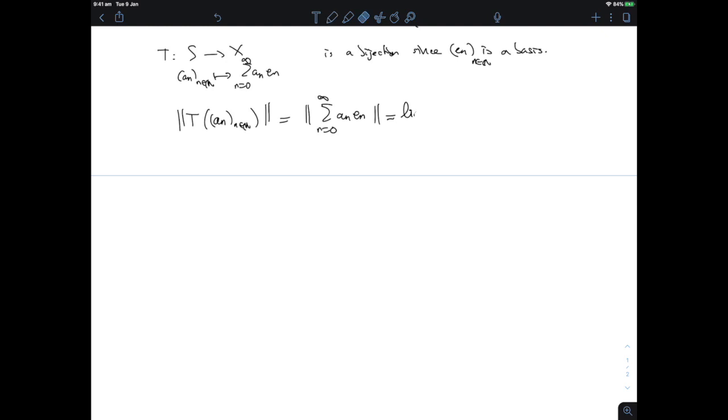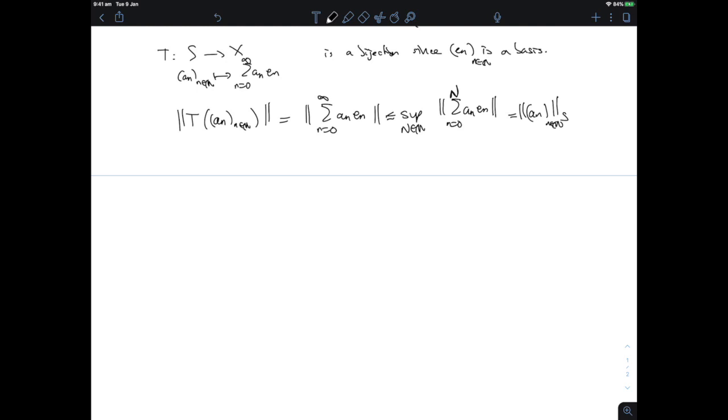Well, actually, it's certainly smaller than the supremum over capital N in N of the sum of the An En. For n large enough, the norm of the infinite sum is going to be smaller than 1 plus epsilon, for any epsilon, times this quantity. And this quantity is precisely the norm of An in S. So we have an isometry.